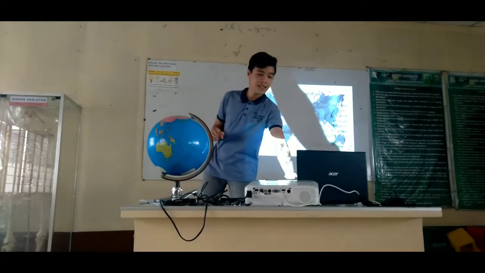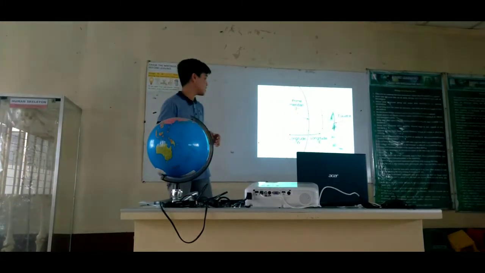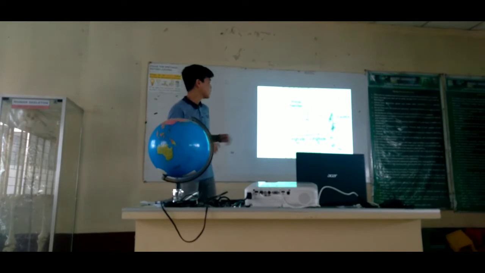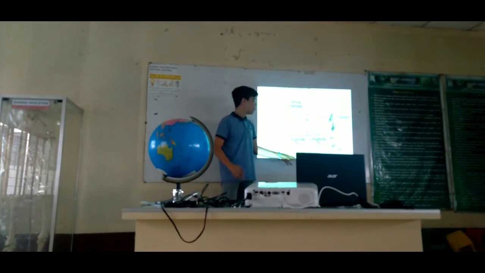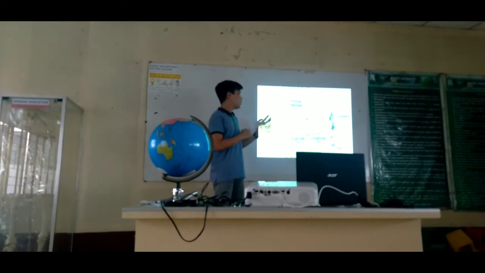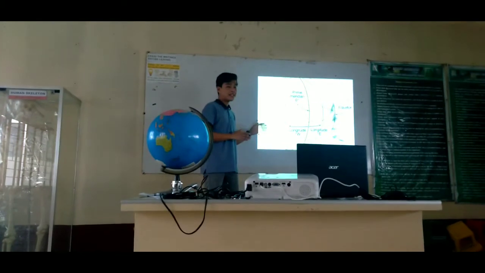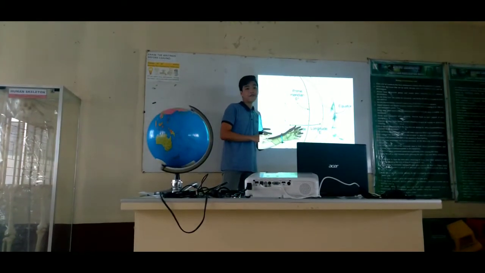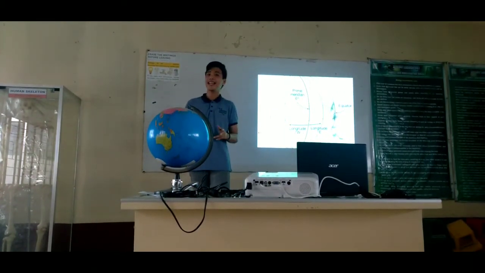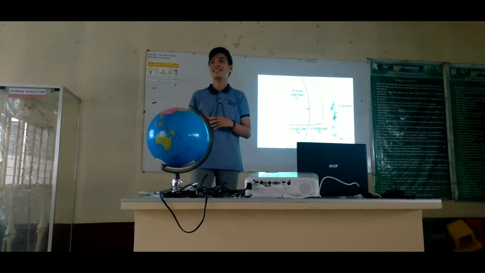So, from the illustration here, the prime meridian is the one who separates the longitude of west and the longitude of east, or the surface of west and the surface of east. Understand, class? Can you still follow me?